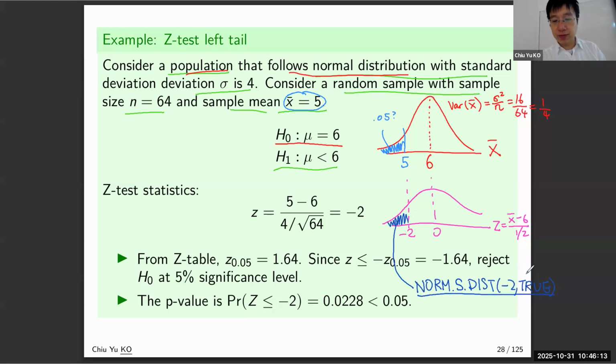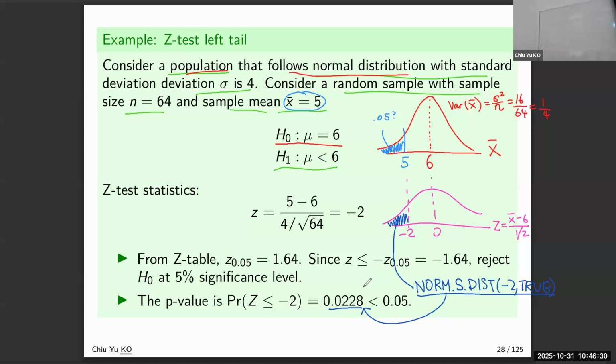And once you calculate that in Excel, it'll give you 2%. And 2% we said is small enough to say the sample is far away from 6.